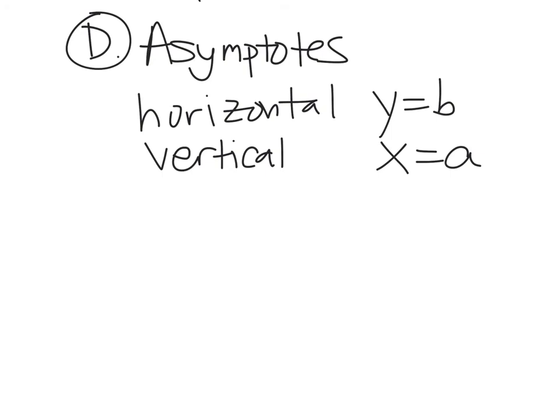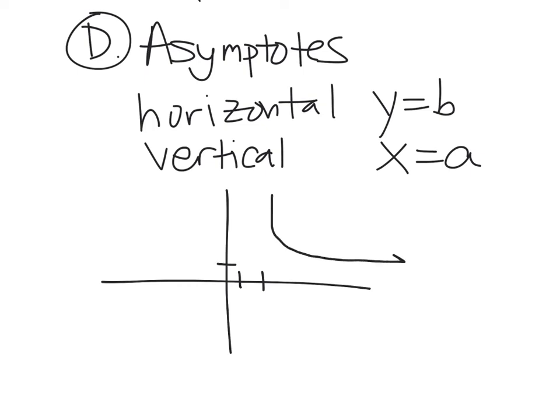Okay. All right, so basically what's going to happen is you're going to have a graph, and it's going to maybe look something like that, or something like that. So let's talk about what the asymptotes are here.